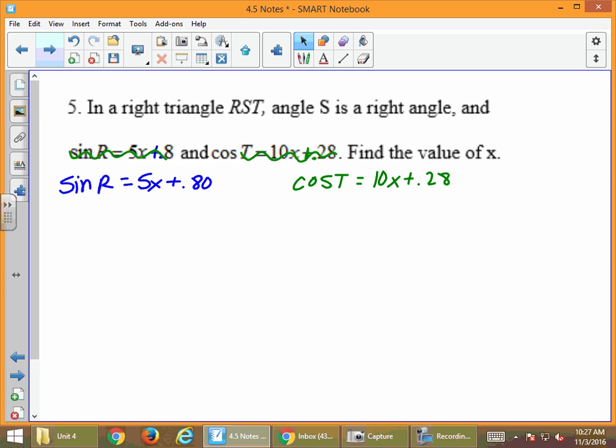What's a little bit different about this problem than the ones we did on the front? Where were the variables on the ones on the front? X and Y, and where were they located? What's different? Here we have the sine of R equals something.